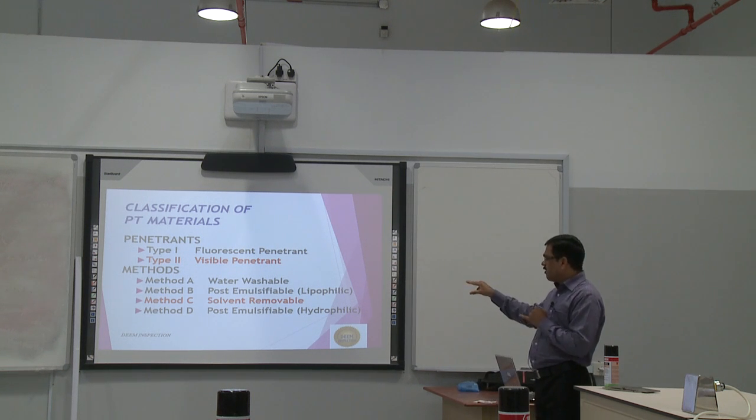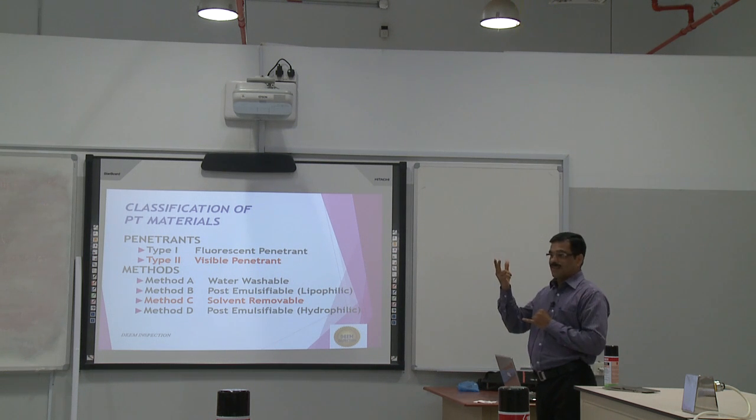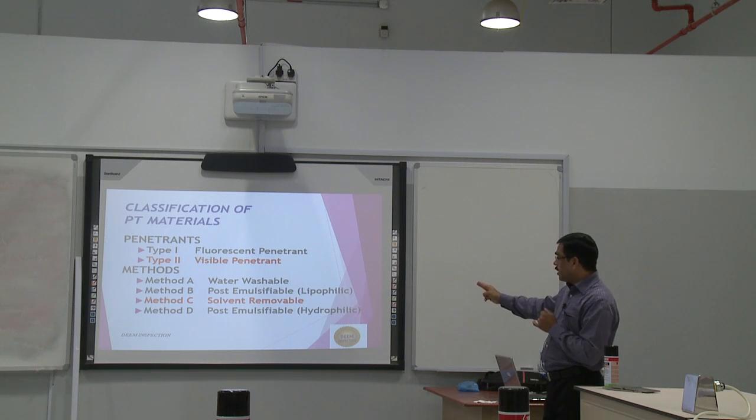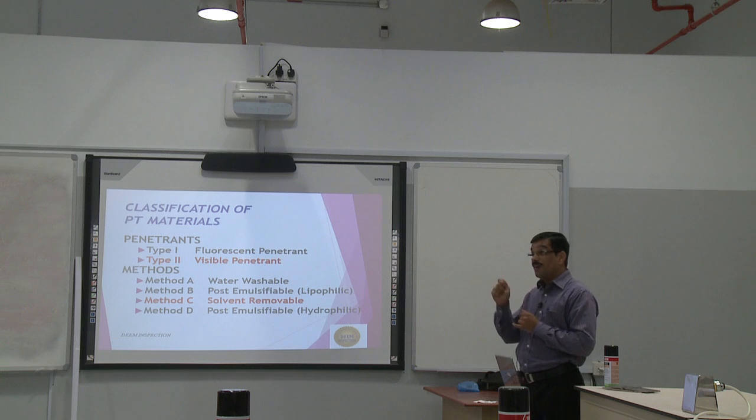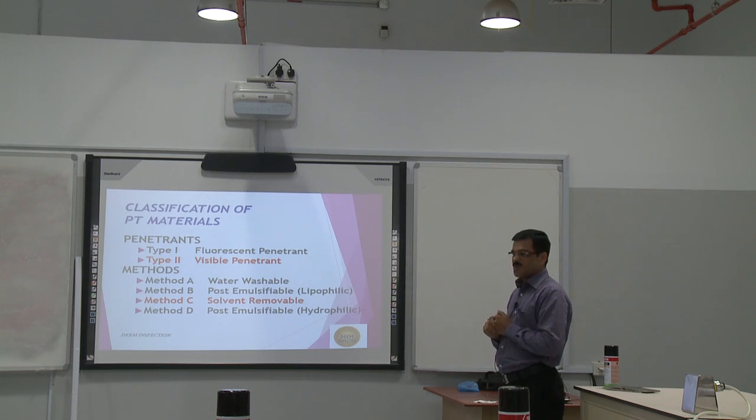This emulsifier is only used to find very minute or very critical cracks, giving good sensitivity. Even minor hairline cracks we can find out. But in common practice we are not using it.